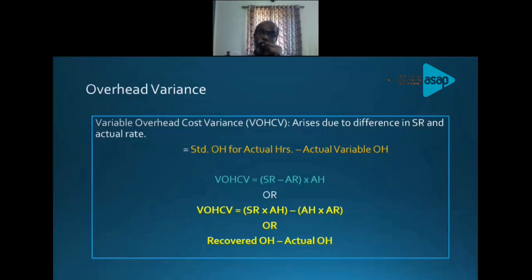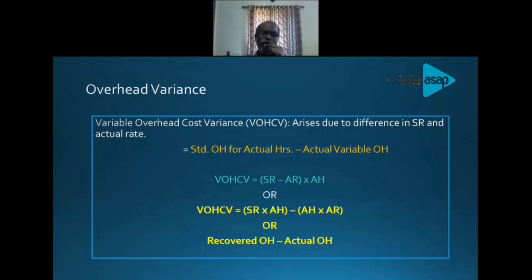So overhead variances are basically classified into two different categories, that is variable overhead variance and fixed overhead variance.